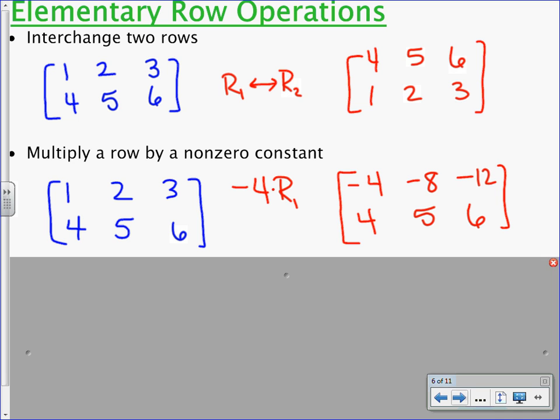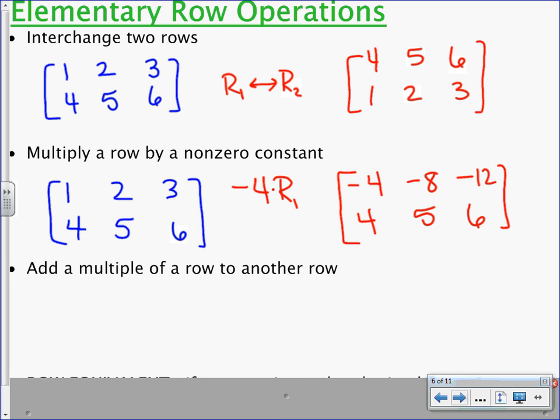It is also okay to add two rows together or add a multiple of a row to another row. So you can either just add two rows together or take a multiple of a row and add it to the second row.